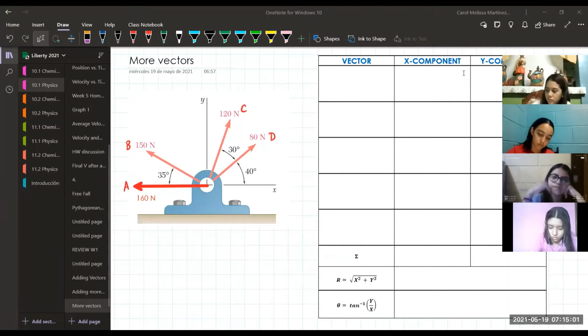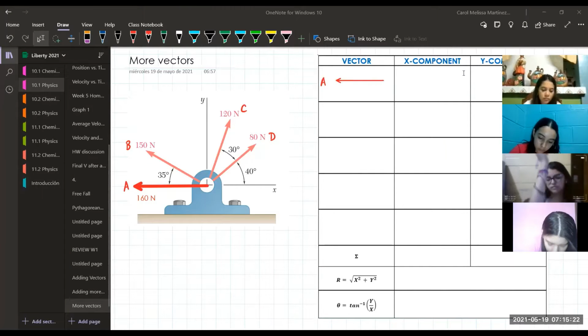So, the first step, as I told you, I just named the vectors. You can use the alphabet, you can use the Greek alphabet, you can use numbers, it's okay. Now, I prefer letters. So my vector A is just like this. Do I have an angle? 0 degrees.